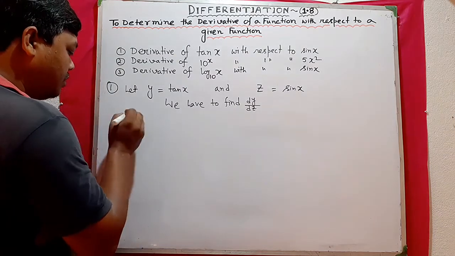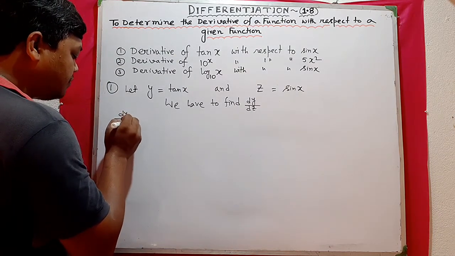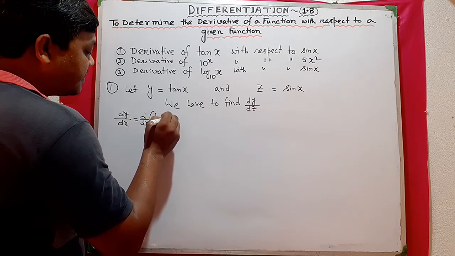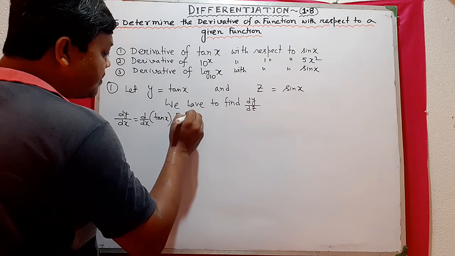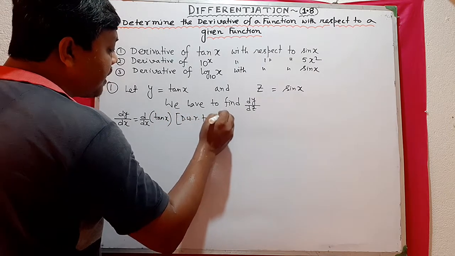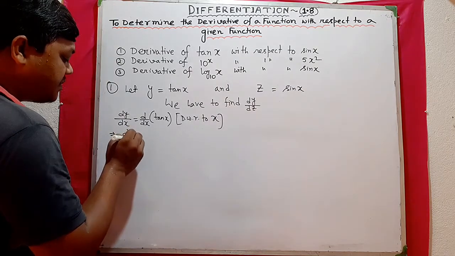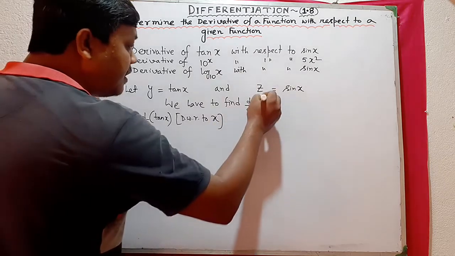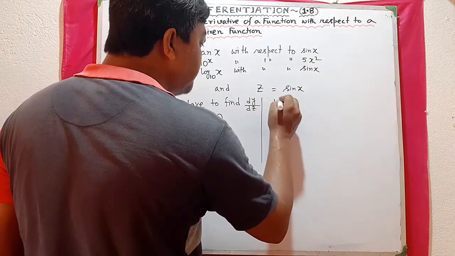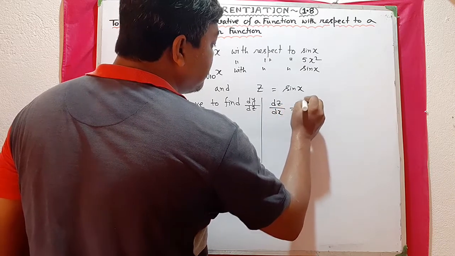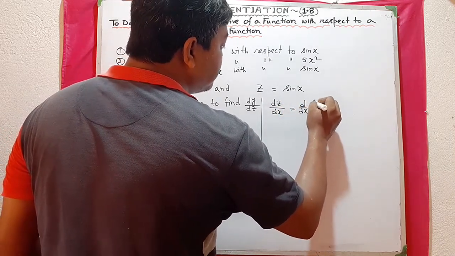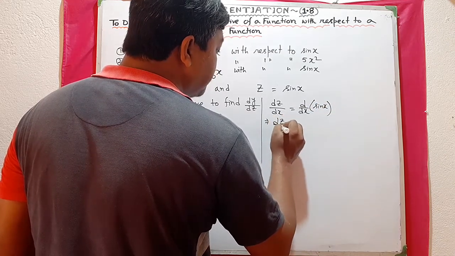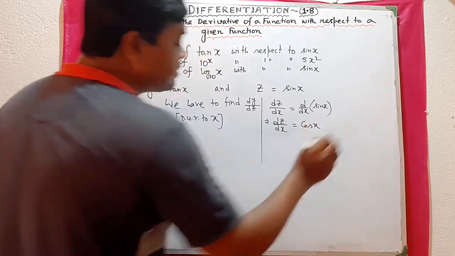So dy/dx equals d/dx of tan x, that means differentiate with respect to x. The derivative of tan x all of you know, that is sec square x, and dz/dx equals d/dx of sin x, which equals cos x.